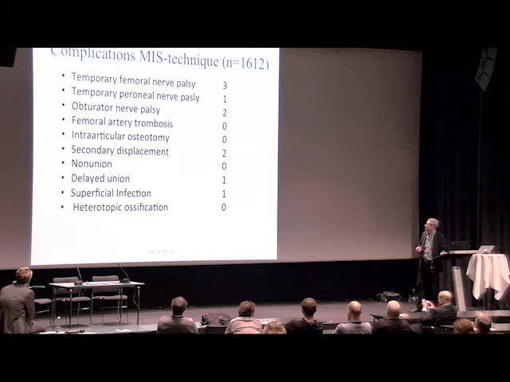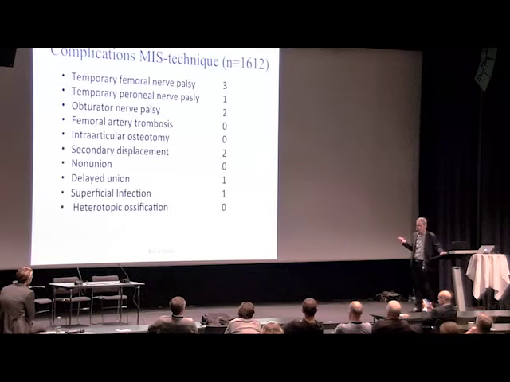Of course, there are a lot of potential complications. We are close to the nerves and arteries, and you can also see secondary displacement and non-union and infection and so on. We have a database, and out of the first 1,612 operations, we had 3 femoral nerve palsies. It was fortunately only temporary, so they all came back again within 3 months.